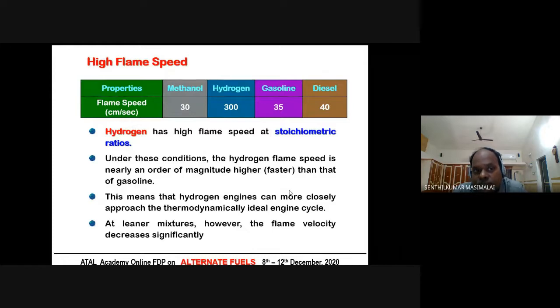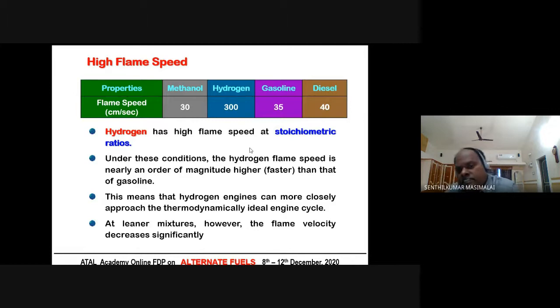At the same time, because of this high flame speed, you may have possibilities for backfire. I told you in the earlier slides that hydrogen has low ignition energy, so because of that you will have premature ignition. Premature ignition with high flame speed will also cause backfire.